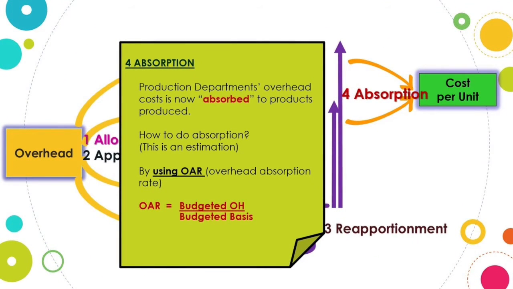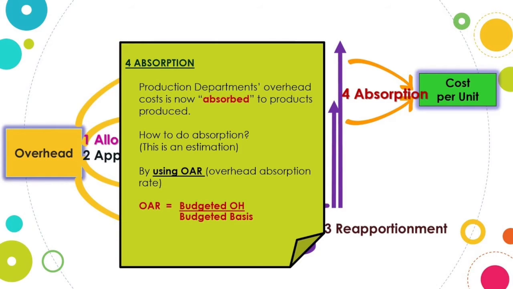So this graphical picture should give you an idea about what absorption is all about. When I started with this unit, I had mentioned that allocation of overheads is first done. So you can see in purple color in this picture, number 1 is put and next to that allocation is there. Though you can't read it completely, what it means is allocation.